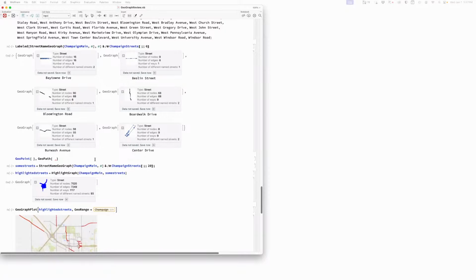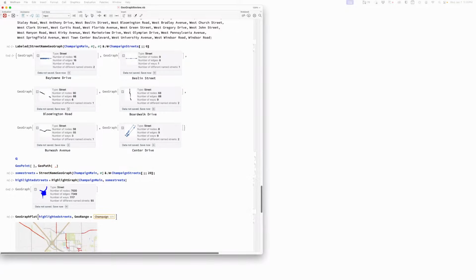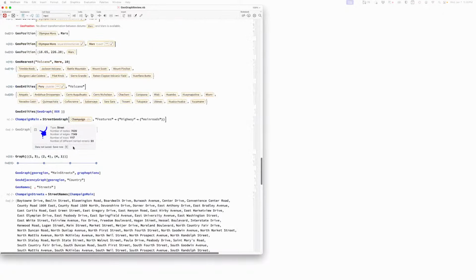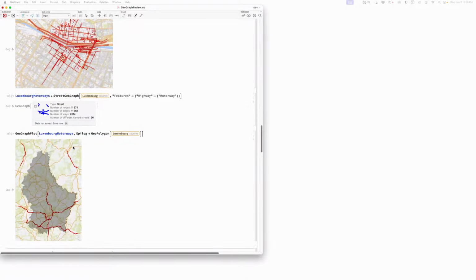Okay, but I want the path of a particular street. So how do I extract that path? Right now you use GeoPath over that GeoGraph. I understand. So I've got the GeoGraph, and it's one of these GeoGraphs up here. That one. Okay.